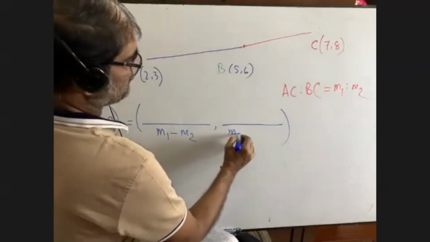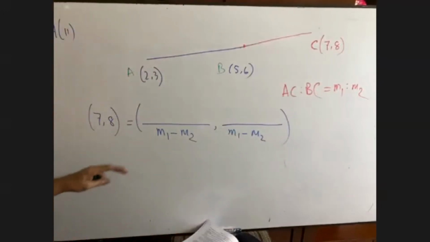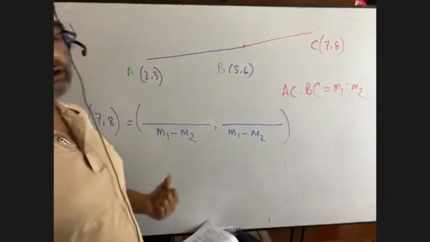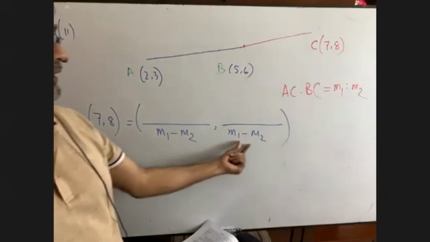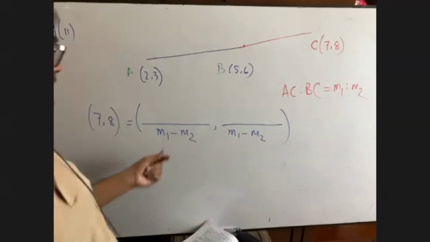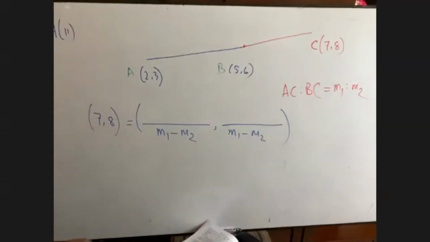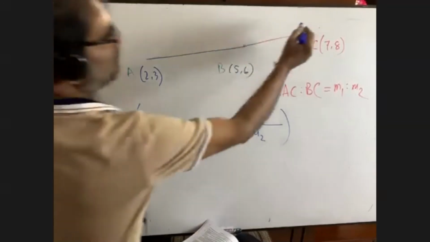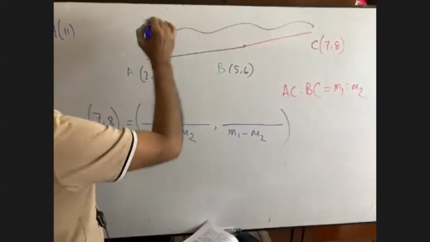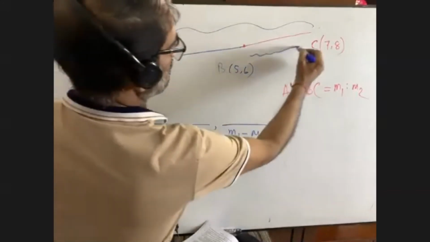Can you remember? But for internal intersection, the formula is M1 plus M2. So what is to be written? Actually, it is M1 and it is M2.